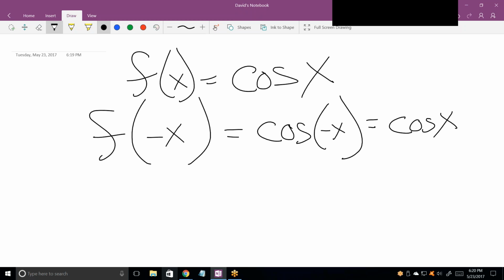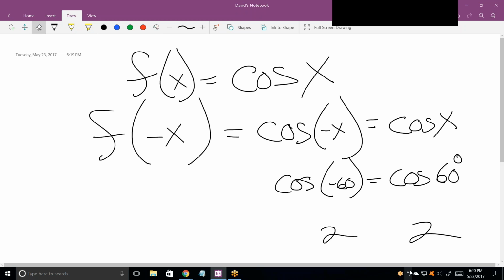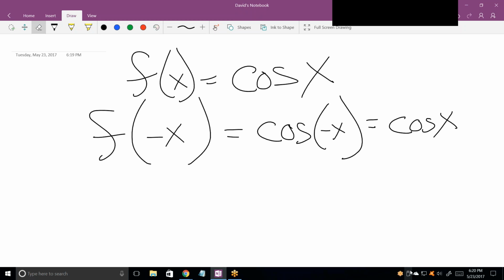In other words, the cosine of minus 60 degrees is equal to the cosine of plus 60 degrees. Reference angle is 60 degrees in either case, and they're both positive in first and fourth quadrant. That's 1/2, that's 1/2. So what I have is f of minus x equals f of x, right?